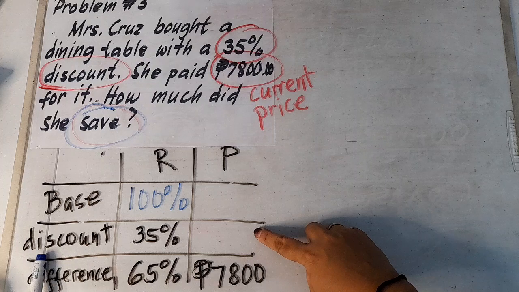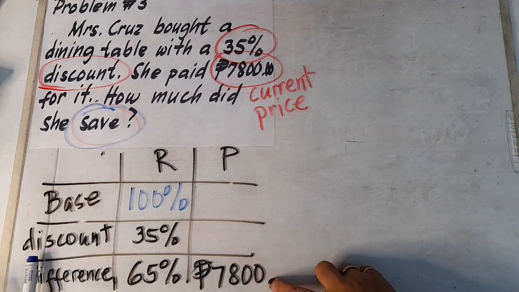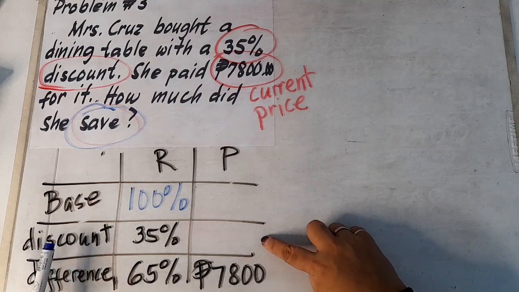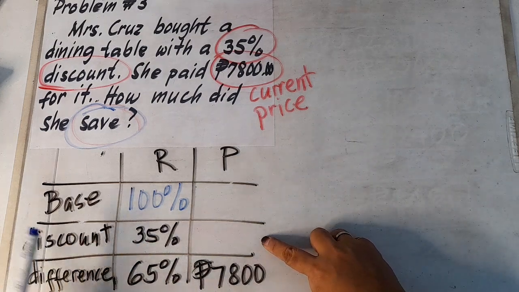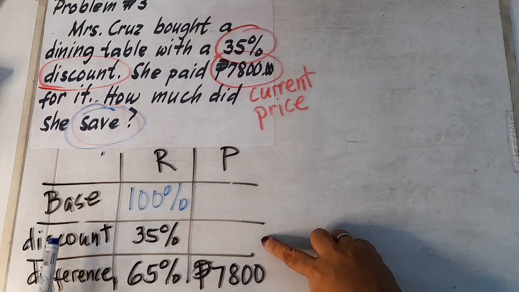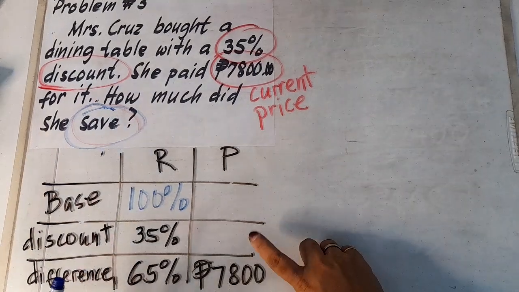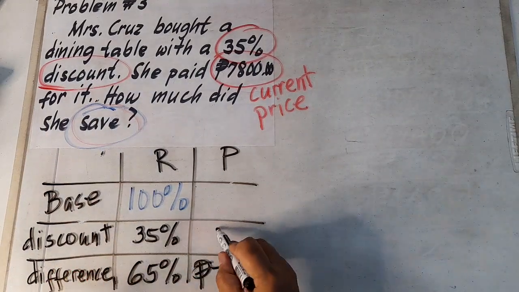Kasi hindi niya babayaran yan. Okay? So, kung hindi mo yan babayaran, nasave mo yan. Kasi ito lang ang babayaran mo. So, ito yung iyong natipid. Yan yung na-save ni Mrs. Cruz from buying the dining table at a discount. Okay? So, ito yung ating question mark.